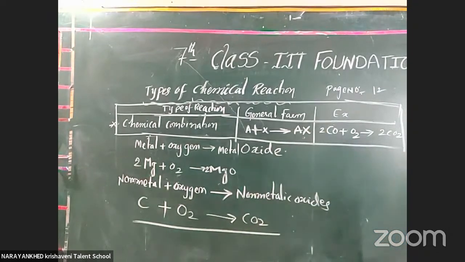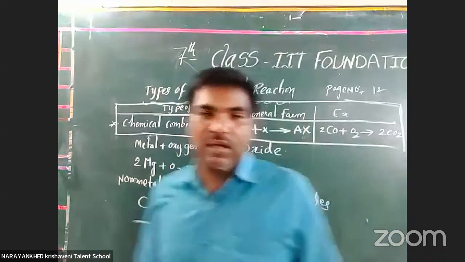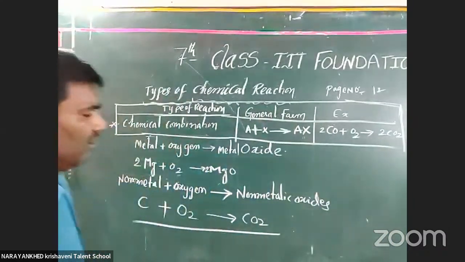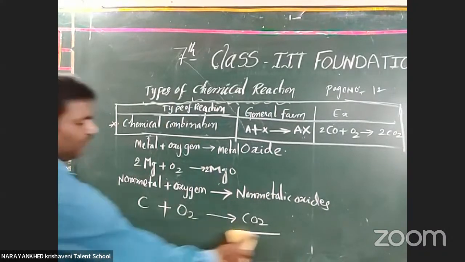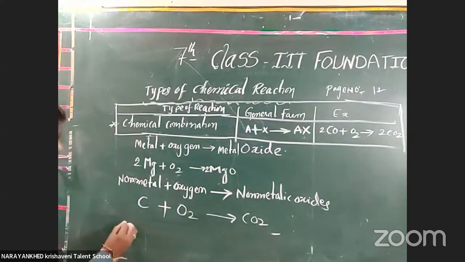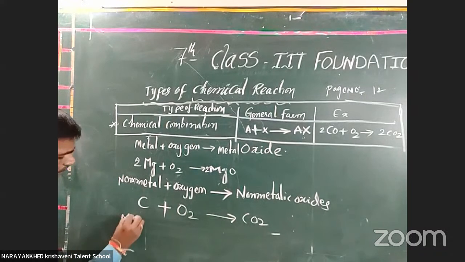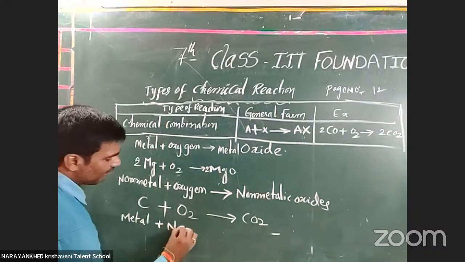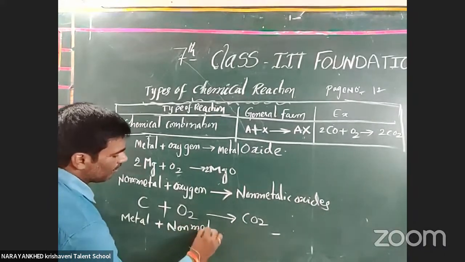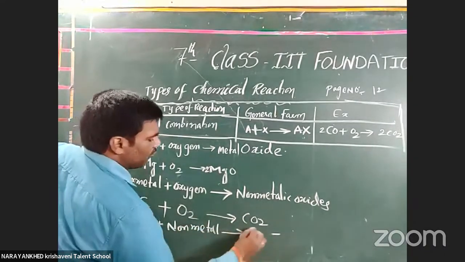Yes, and when metals and non-metals are combined, what will we get? It will be a salt. Okay, clear or not, all the students? When a metal and a non-metal are combined together, it forms a salt. Okay, now metal plus non-metal produces what?